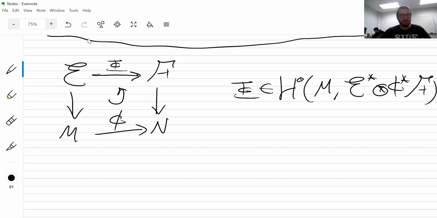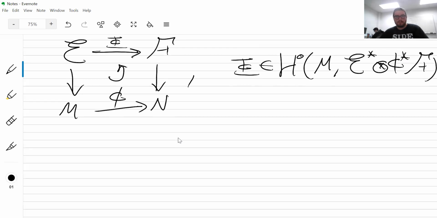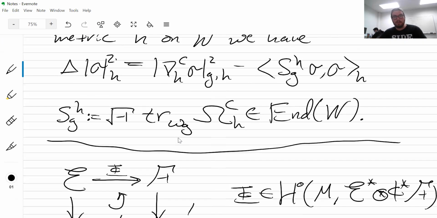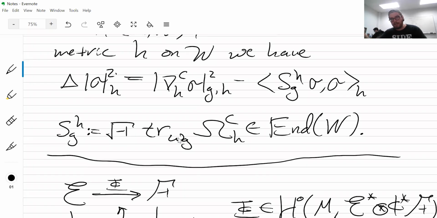This is a slightly abusive notation, but it makes a lot of sense. And we actually find that we can apply the standard Schwartz lemma in this setting once we put metrics on everything.